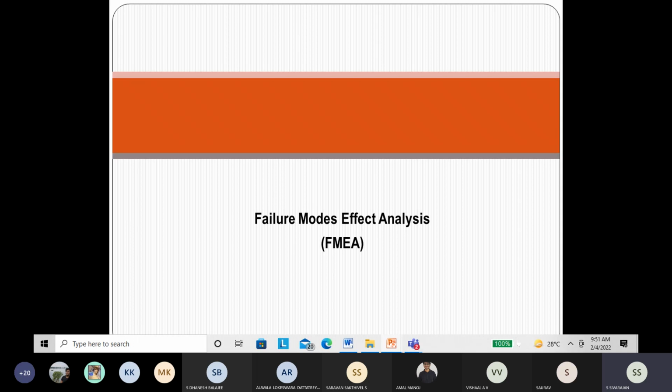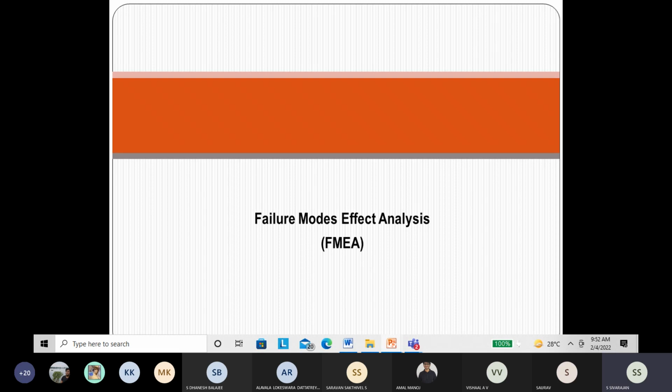There, first we try to identify the major causes, like whether men are responsible, or machine, or method, or measurement, or environment. Then we go for sub causes. That's why it is called a fishbone diagram. Then we can make some recommendations.